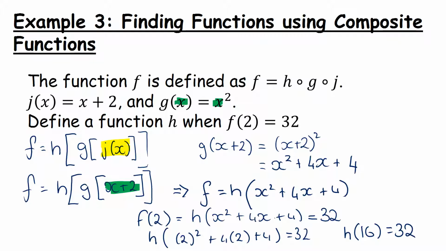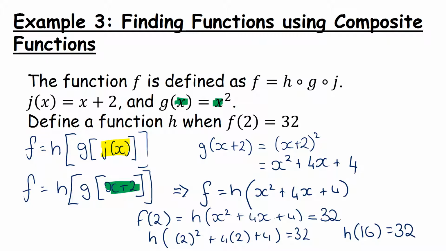So now notice how in the question they asked us to define a function h. So there are multiple functions that will work. Since we've only been given one answer here, it's impossible to know which one is the correct one. So any could be accepted. However, the most straightforward one to see here is that we would simply multiply our x value by 2.